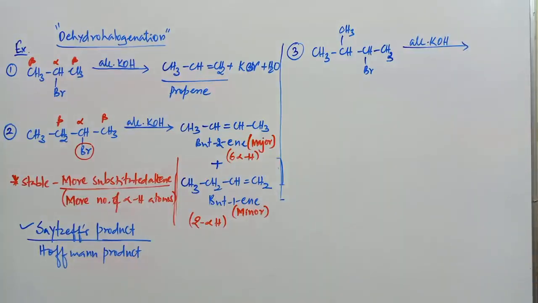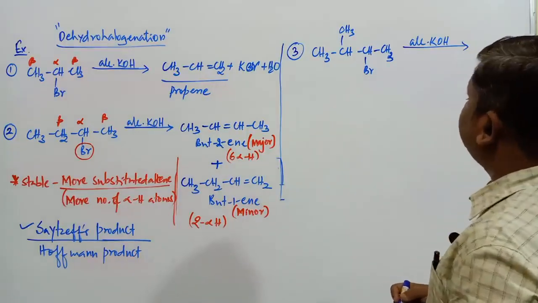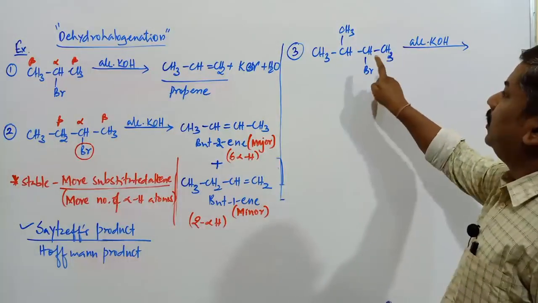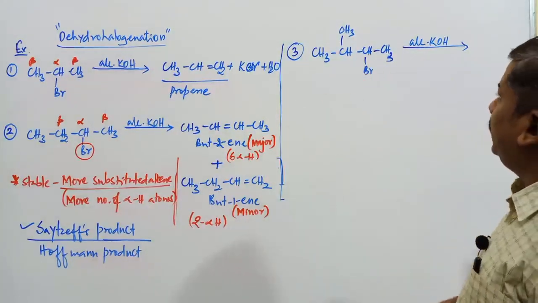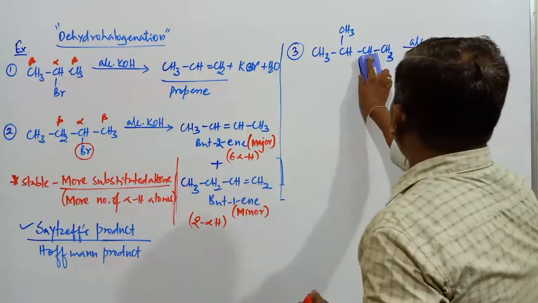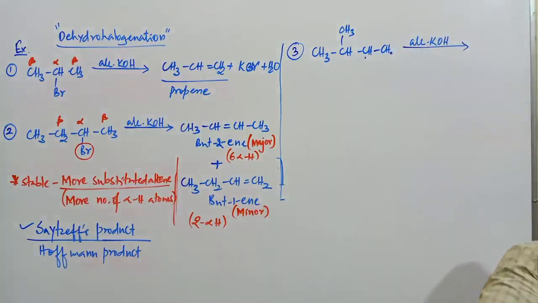What is the product obtained in this reaction? What is the name of this one? It is 2-bromo-3-methylbutane. I will consider this particular example after one more simple case.